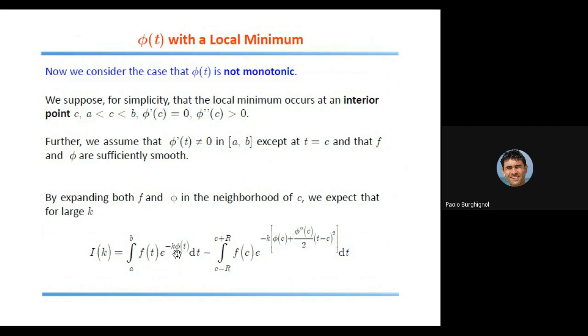Instead, in the exponential function, we do something a little more refined. We keep the first three terms in the Taylor series: the term of order 0, which is phi of c; the term of order 1, which is missing because the first derivative is 0; and then the term of order 2, which is of course 1/2 of the second derivative evaluated at the point c, times the second power of the increment t minus c. Okay. What do we do with this?